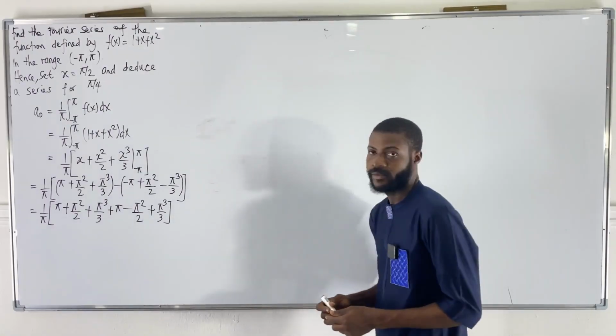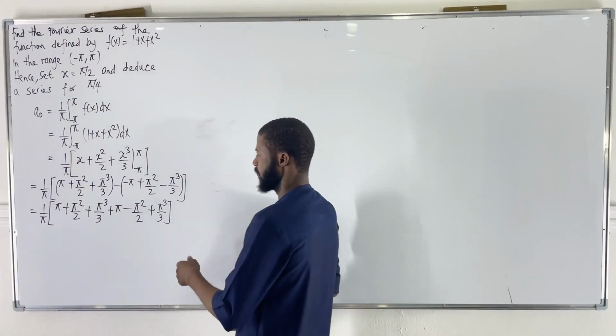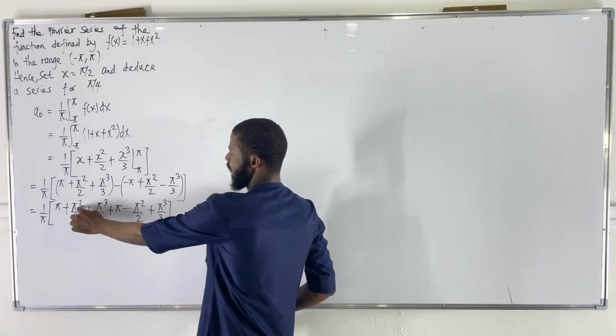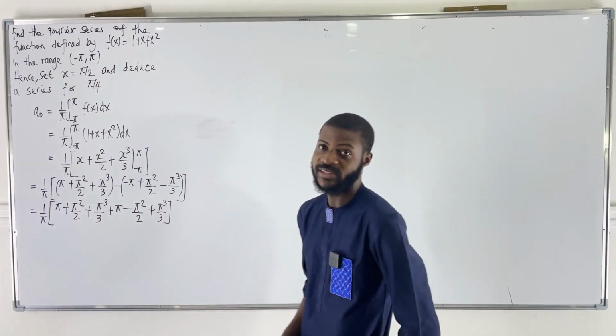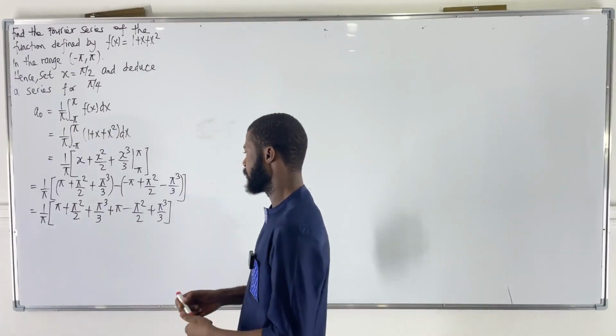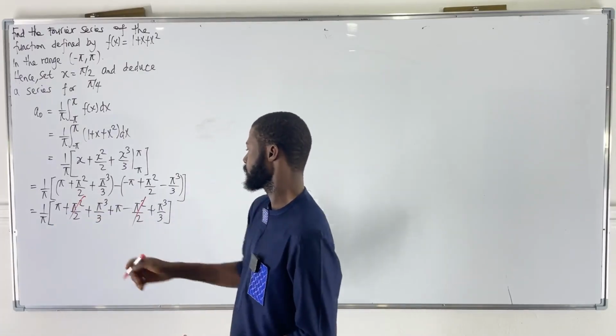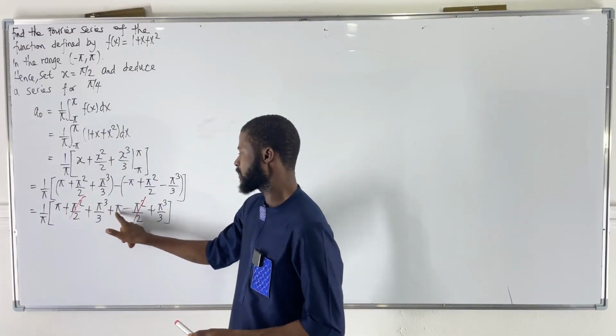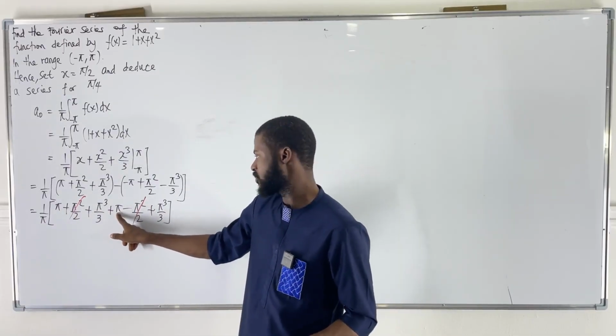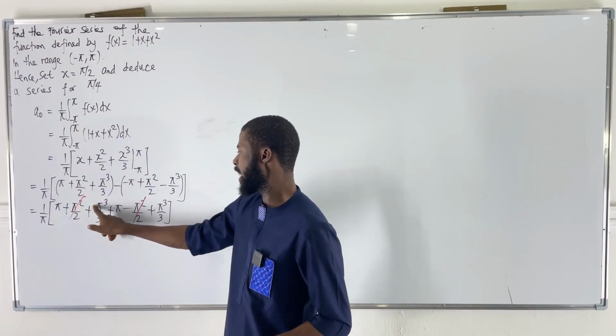So this is what I have. Now if you take a look at this, pi squared over 2 minus pi squared over 2 is gone. It's going to be 0. So this is gone, this is gone. All right, now this is pi plus pi. That's double of itself. This is pi cubed over 3.